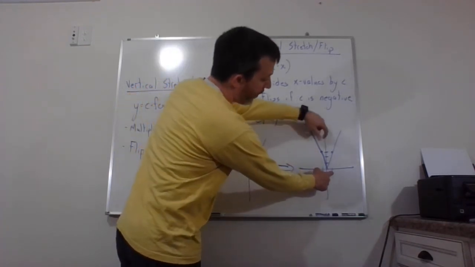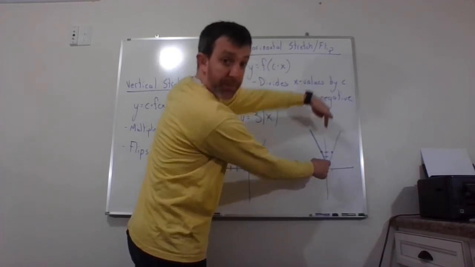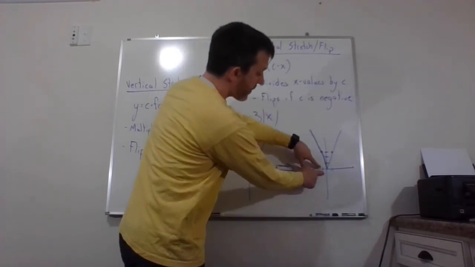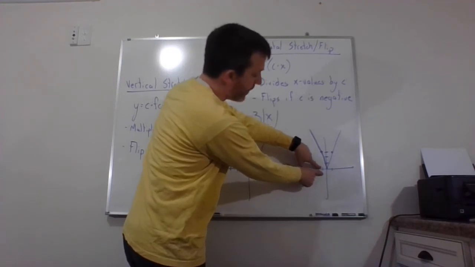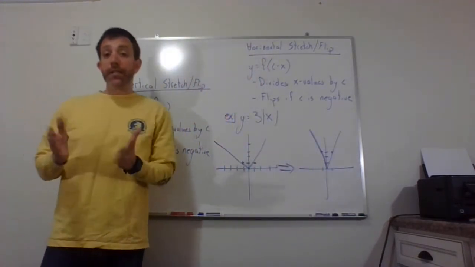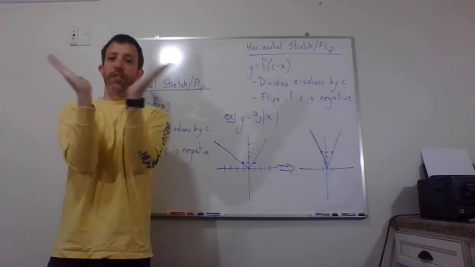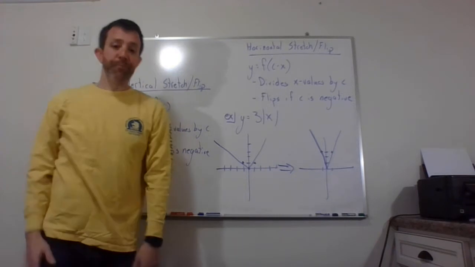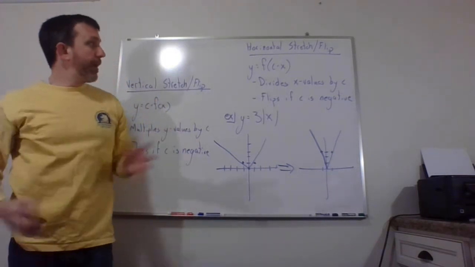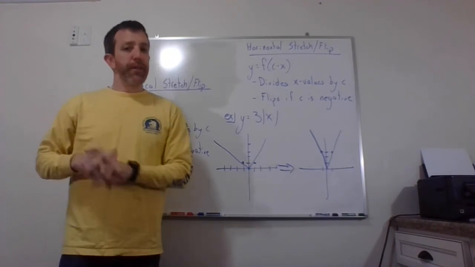I still have 1 for x, but now I have 3 for y. I just multiplied that y value by 3. I still have a -1 for x, but again, I multiplied by 3. And so you can see that my graph gets a lot steeper because I multiplied all those y values, so it's all just getting stretched vertically. And so we'll look at maybe a couple more examples, and then we'll be all set.